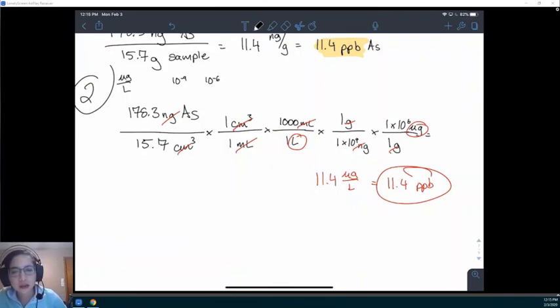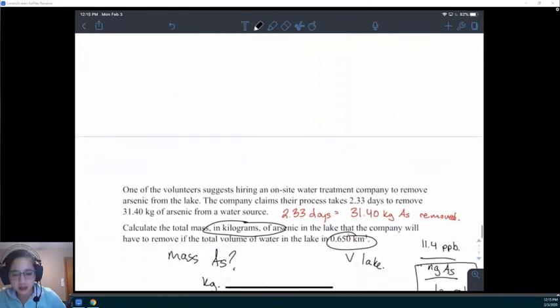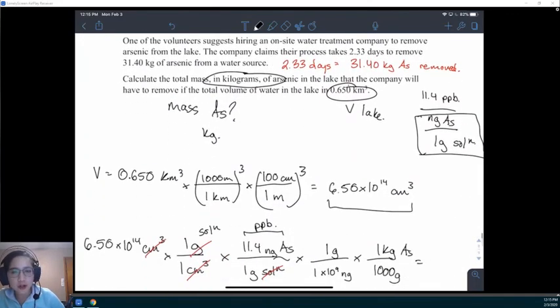So it can be done either way, and you get the same answer. And then for this part of the question, I used the nanograms per gram definition of ppb, but in your own time, you can use the second definition, and the dimensional analysis is just a little bit different, but it still works out.